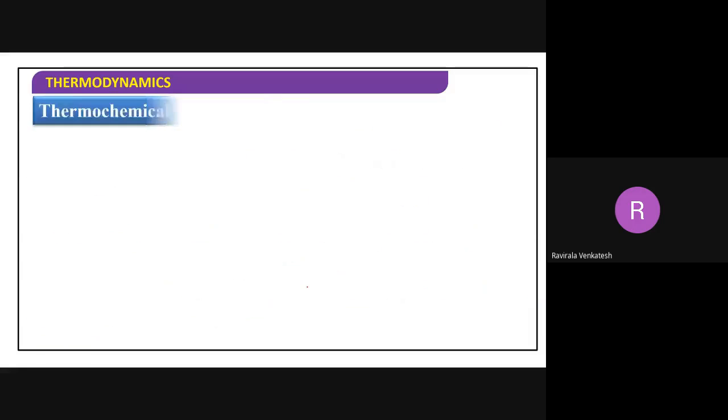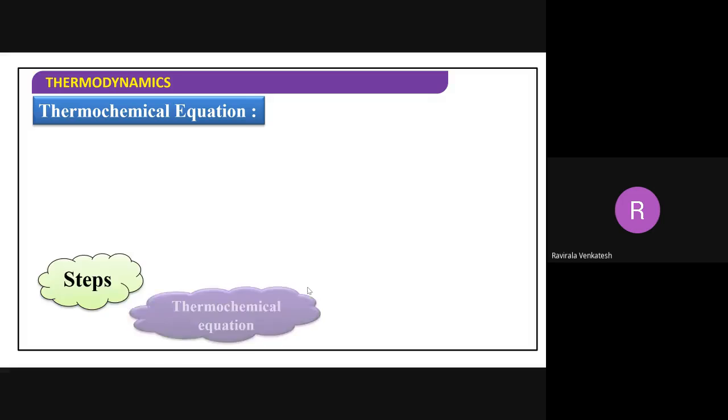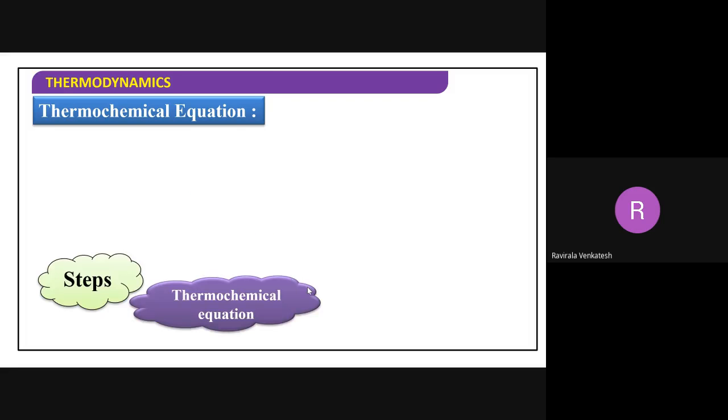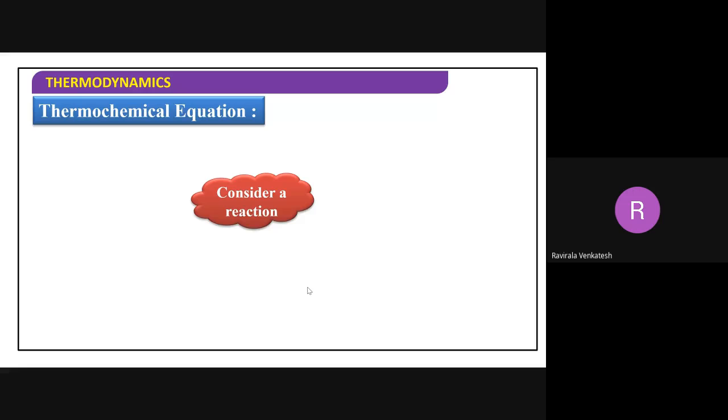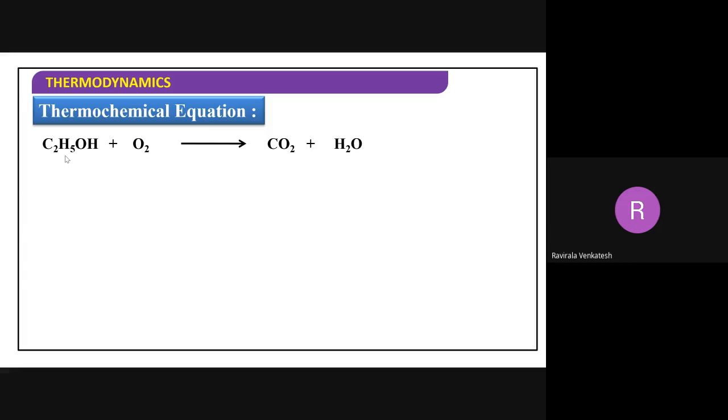Okay, right. Next, chemical reaction involves energy change. This you already know, whenever a chemical reaction takes place, energy will change, right? Now, when you observe, there will be some steps. If you consider a reaction, there must be some steps here. Let me take combustion of alcohol, burning the alcohol in presence of oxygen. In any combustion reaction, whatever the molecule, you will get 1 or 2 products.